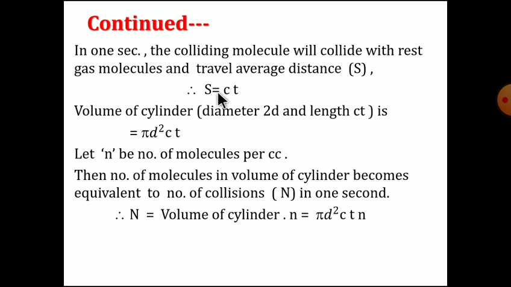Now we get the two terms here. The average distance traveled by the gas molecule, S, is equal to Ct, and second, the number of collisions in 1 second, capital N, is equal to pi d square Ct into n. Then we simplify the mean free path term.